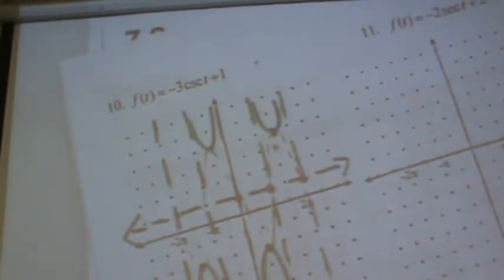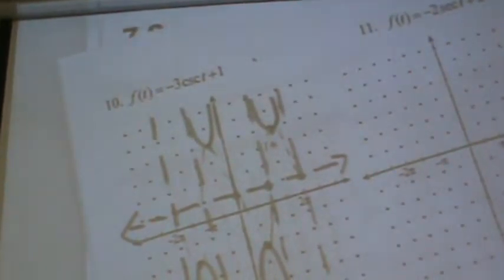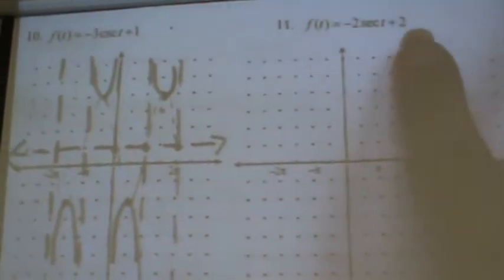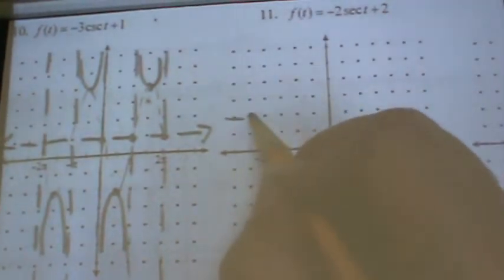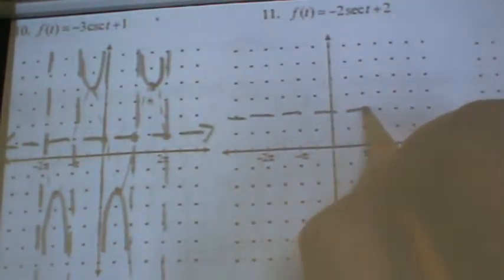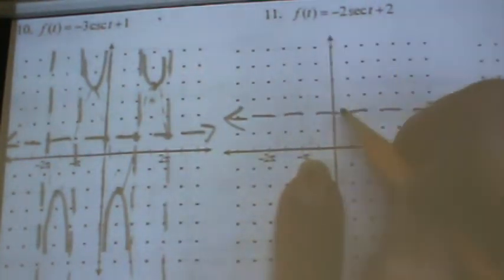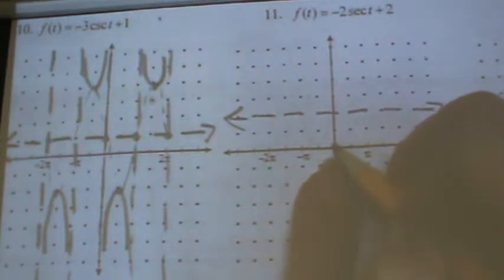You get this? Yes. Look at you. Okay. Next one, you tell me what to do. Start where? Up 2. Then what? It's -2 cosine. So that one starts 2 down.